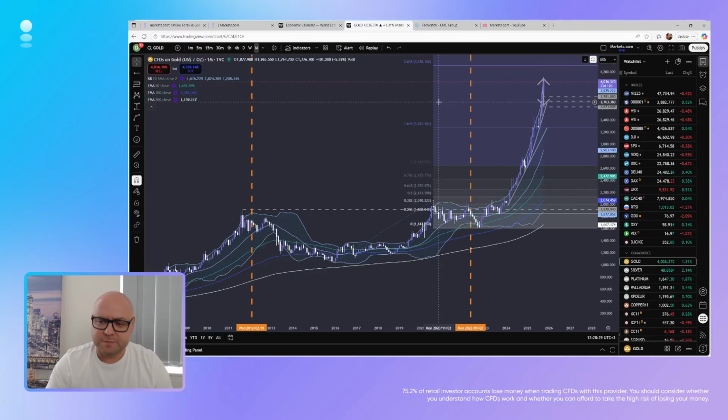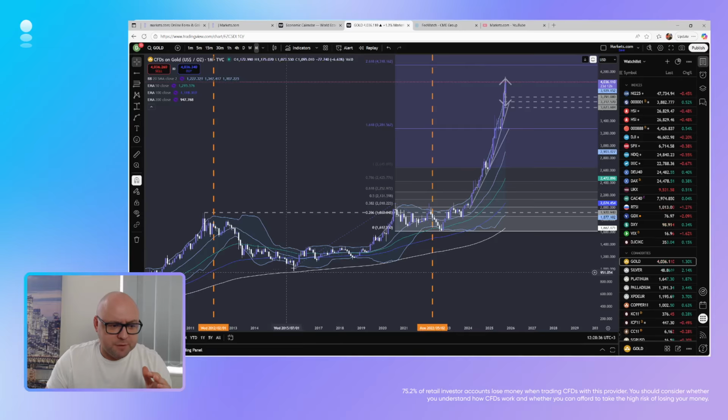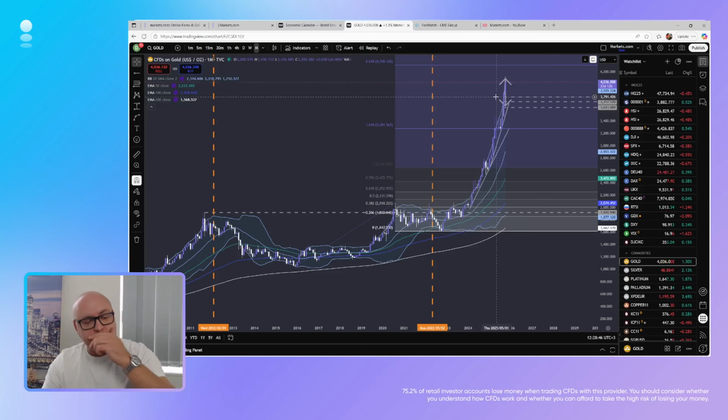Maybe not 4,500, but 4,300. It kind of seems doable. And I'm measuring this from the lowest point of 2015 to the highest point of 2020, and then to the lowest point of 2022. So yes, a good Fibonacci measurement here, however, a little bit subjective probably.